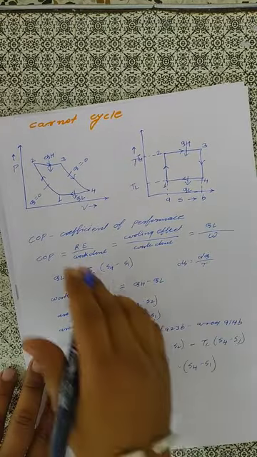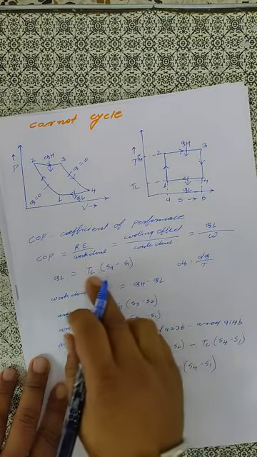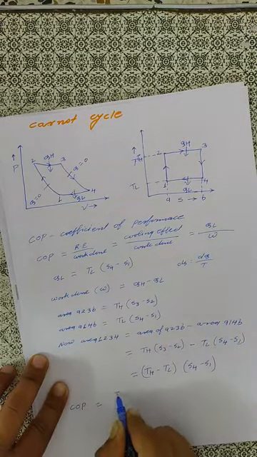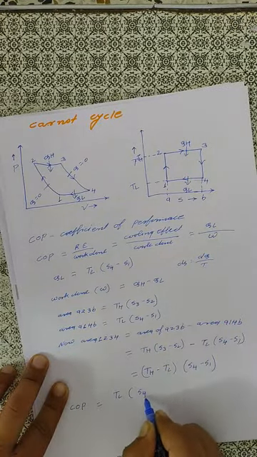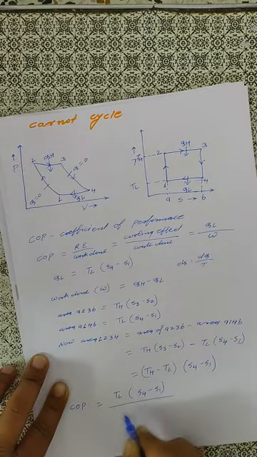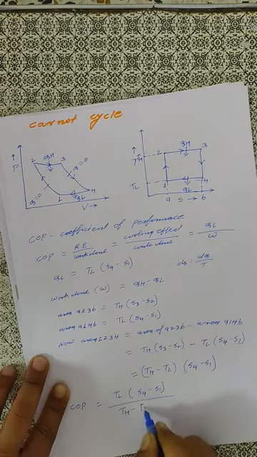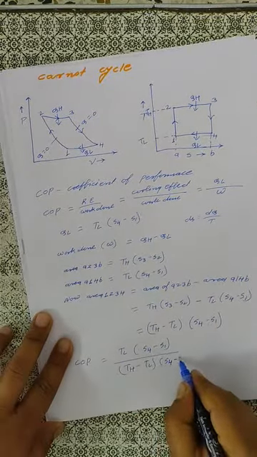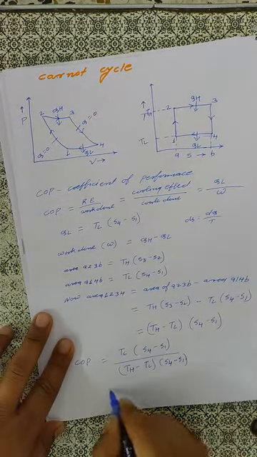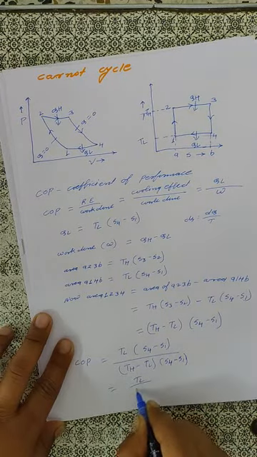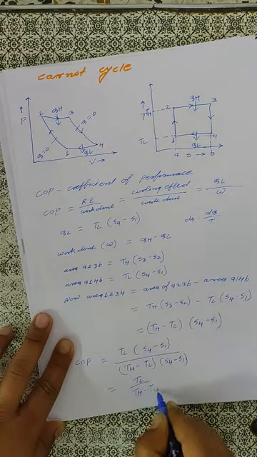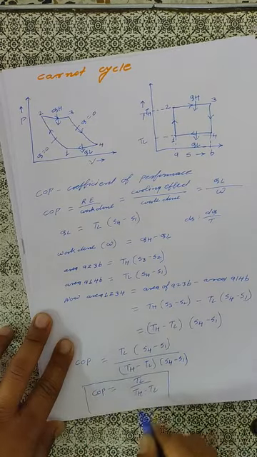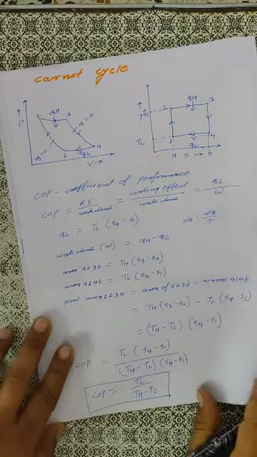Now from this, QL equal to TL into S4 minus S1; put the value in this equation. COP equal to TL into S4 minus S1 upon TH minus TL into S4 minus S1, that is equal to TL upon TH minus TL. That is the coefficient of performance of the Carnot cycle.